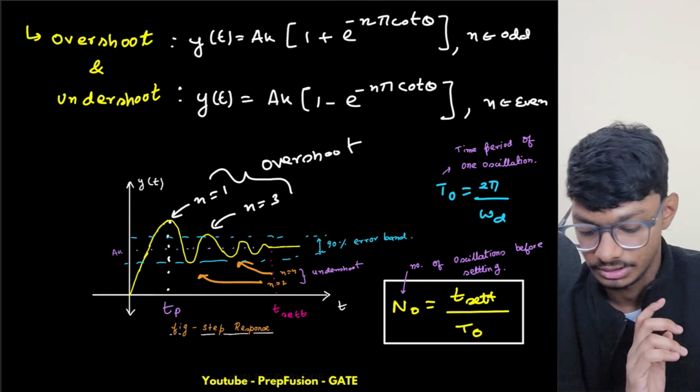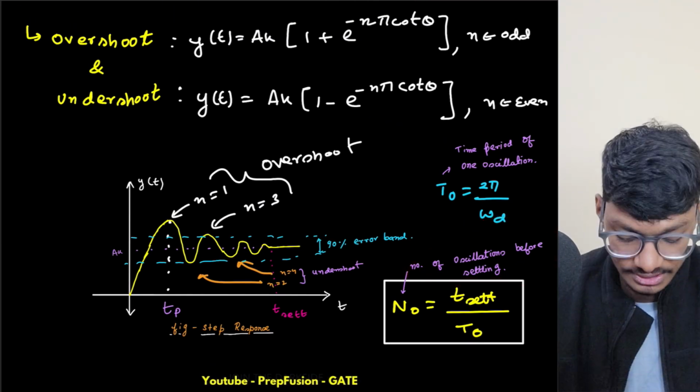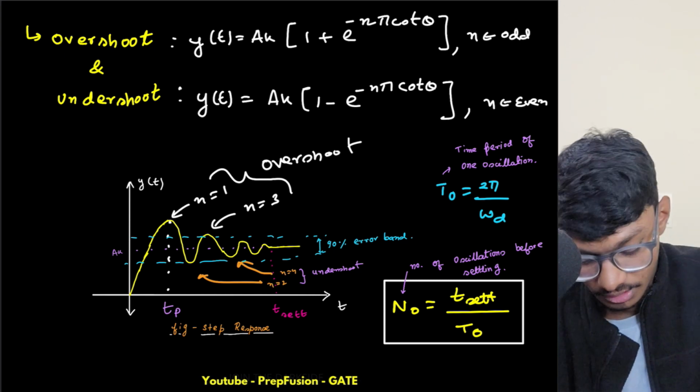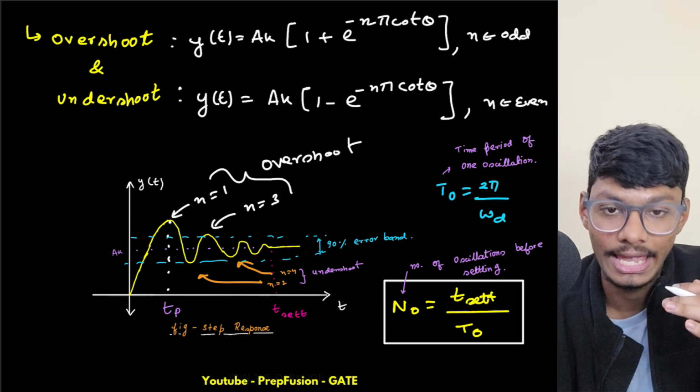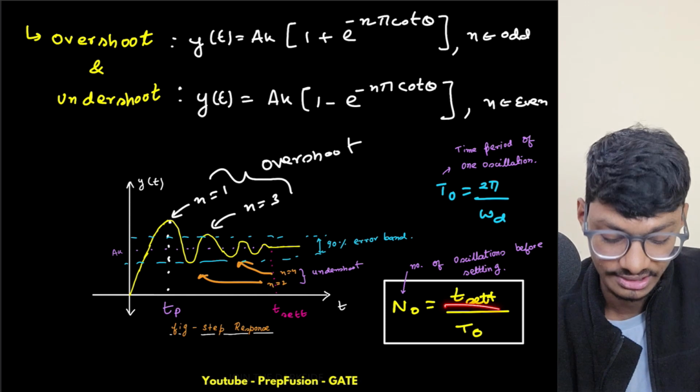Okay, number of oscillations before settling. So it will be equal to the total time upon the time taken for each oscillation, t set by t naught.